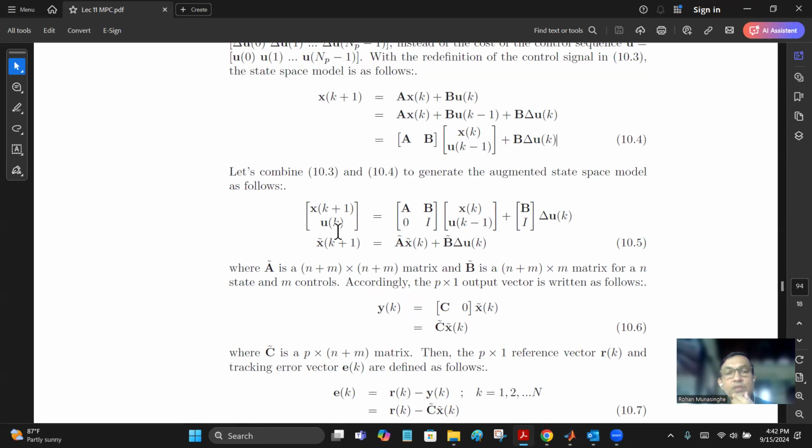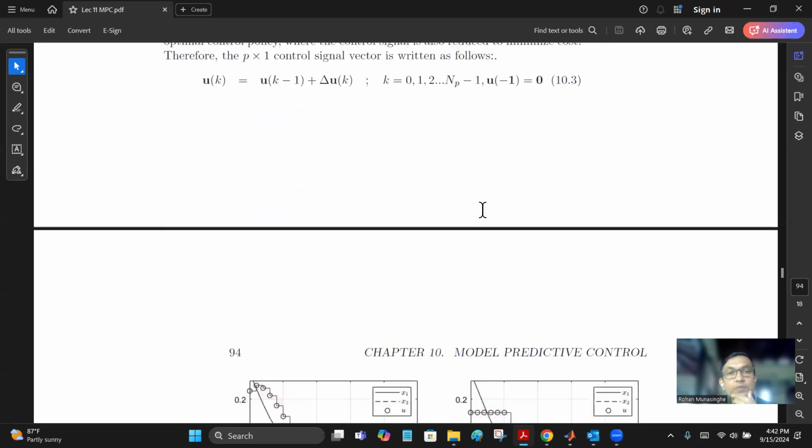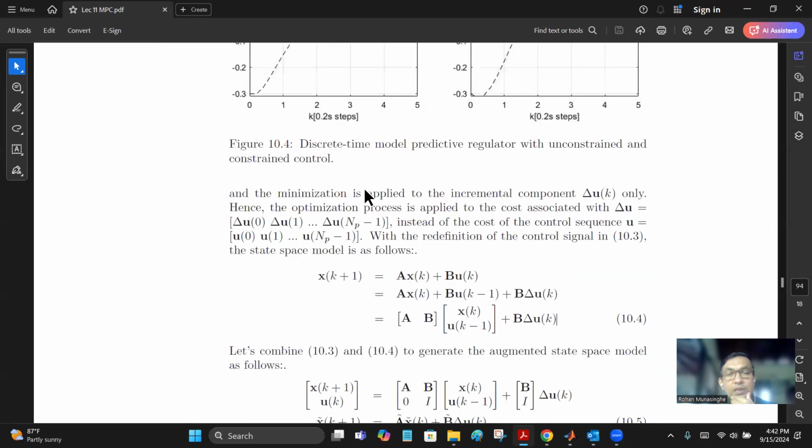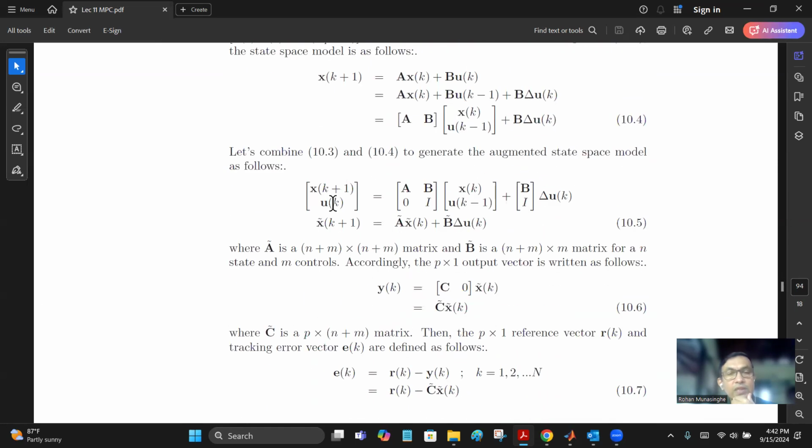You can form this nice state space model where you have two states now: x_{k+1} equals A, B times the vector x_k, u_{k-1}, plus B delta u_k, and this equation u_k equals u_{k-1} plus delta u_k, going along with x_{k+1}.